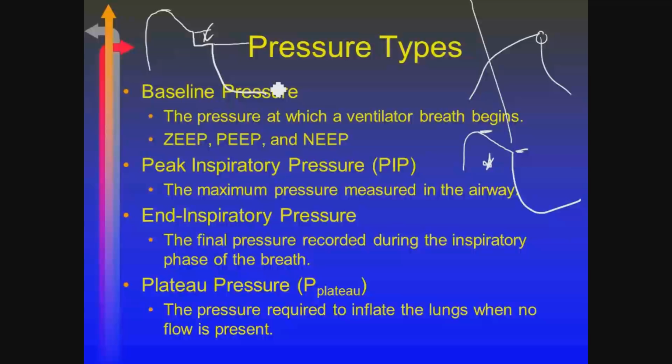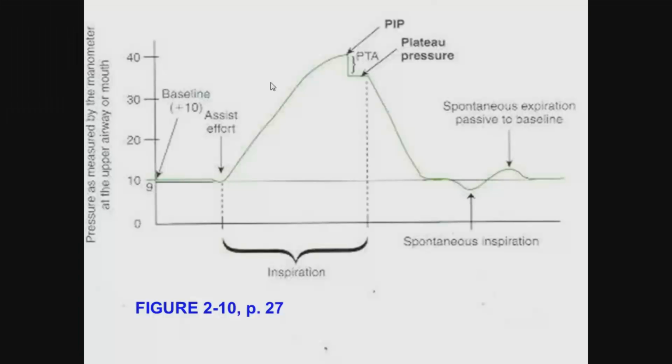Okay? I apologize for the terminology being a little bit different. You just got to think it through. It'll get worse. So here's my PIP, here's my plateau. Now notice that that plateau is considered part of the inspiratory phase. Until airflow goes in the opposite direction and comes out, it's inspiratory phase.